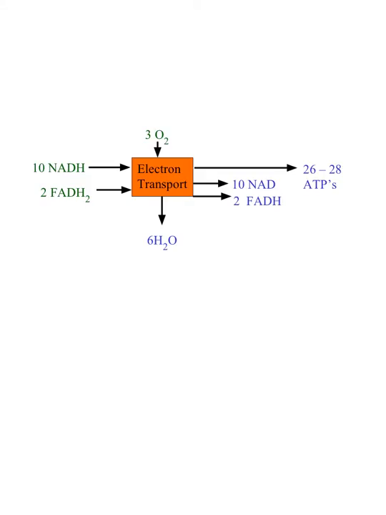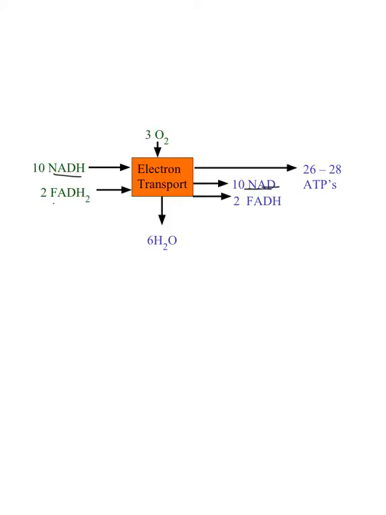So here is the quickest summary we can give you. We're going to feed in our 10 NADHs. We're going to strip off the hydrogen and use their attendant electrons to help convert ADP into ATP. And we're going to end up with NAD.